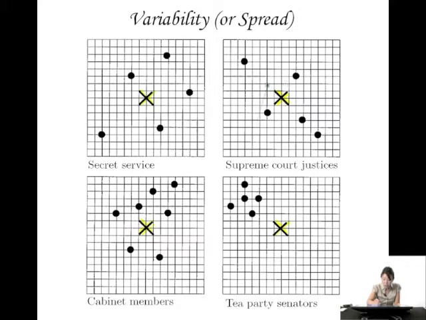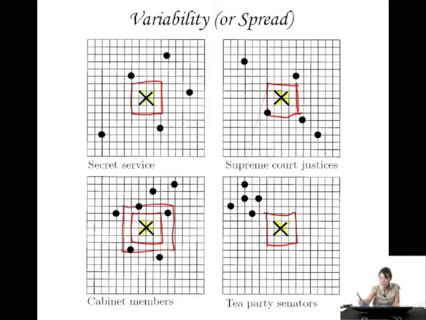Sorry, my square's sort of crappy, but if we draw a square like that, how many people fall in that square? If that was our measure, we would say this group is the closest to the president. Here we have one person in the square, and none of the other groups have any people in the square. And then maybe we could look at different types of squares and see if that changes anything. So that might be one way of doing it.